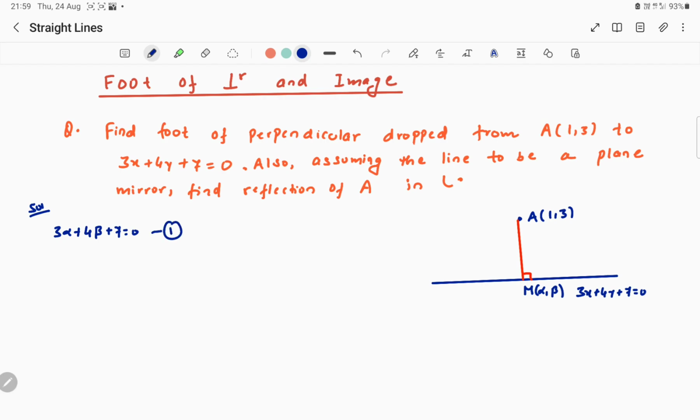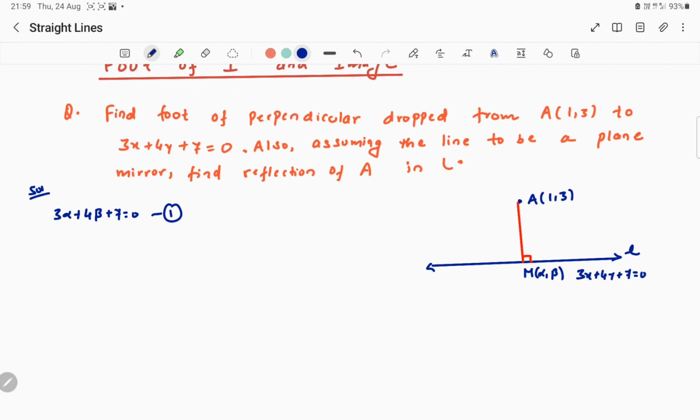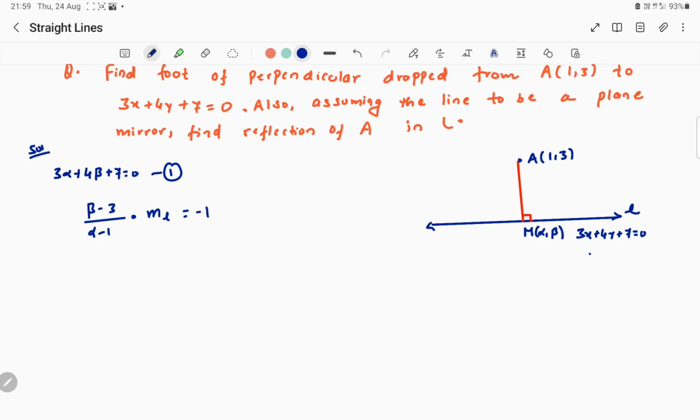What is the second equation? AM is perpendicular to the line L, so the product of the slopes will be -1. So you can write (beta - 3)/(alpha - 1) times the slope of line L equals -1. What is the slope of line L? Minus coefficient of x divided by coefficient of y.